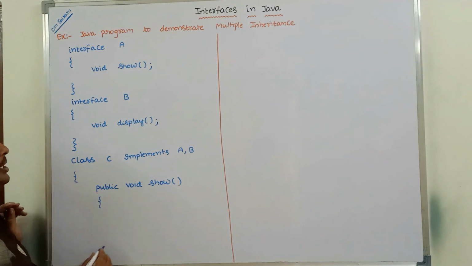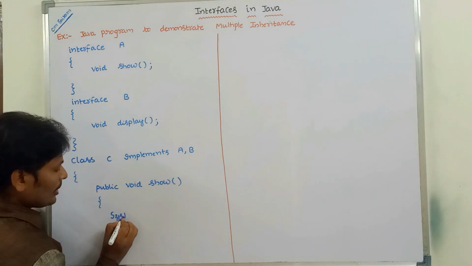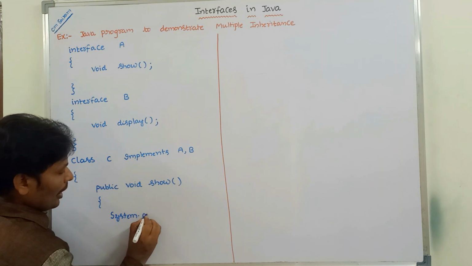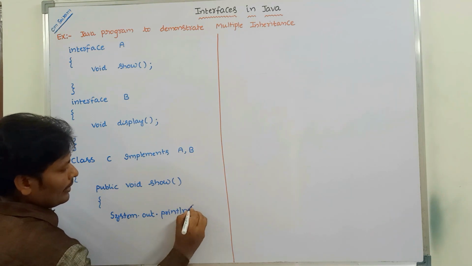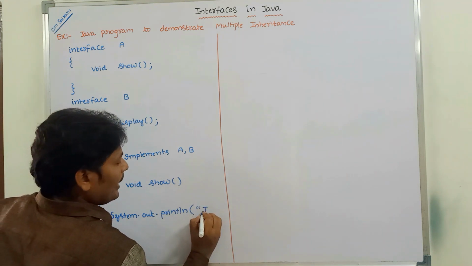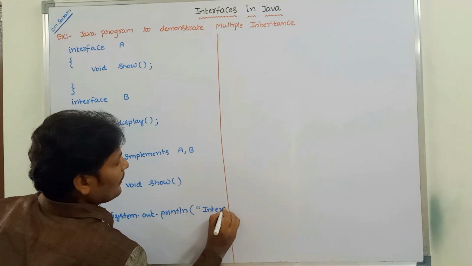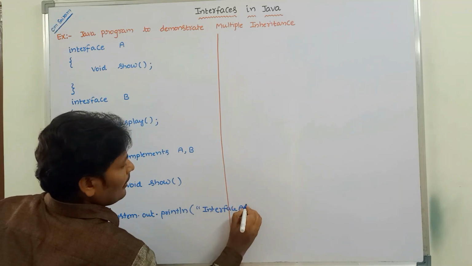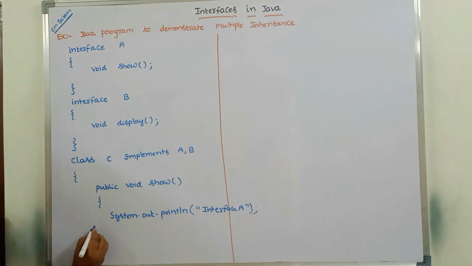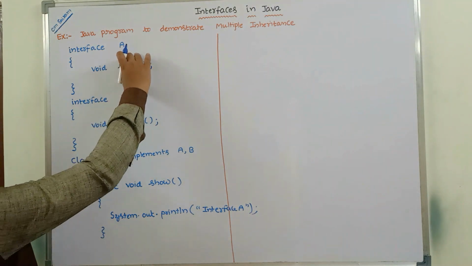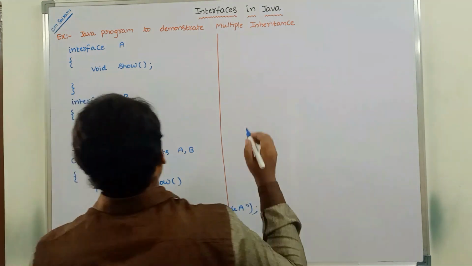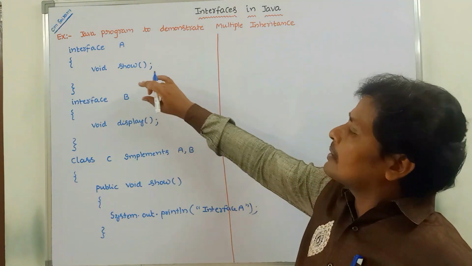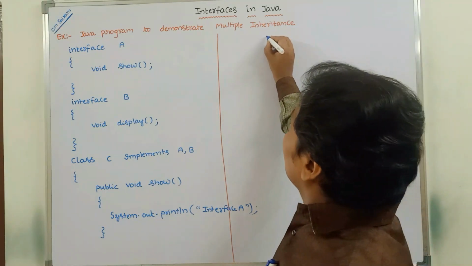Here we are providing the implementation details: System.out.println, and here I am writing interface 1 or interface A. So for this method, we have provided the implementation details. Next, we can go for the implementation of another method that is present in interface B.